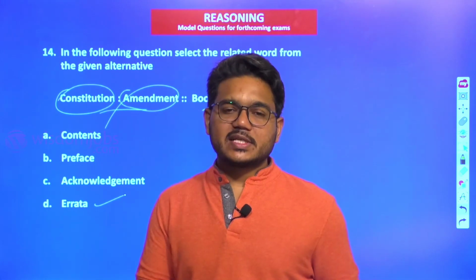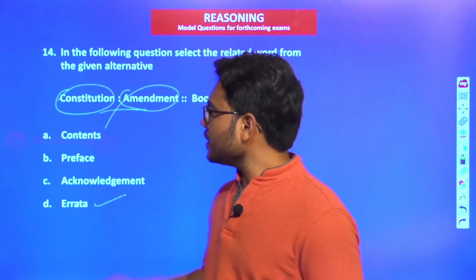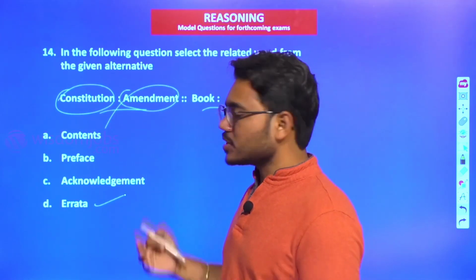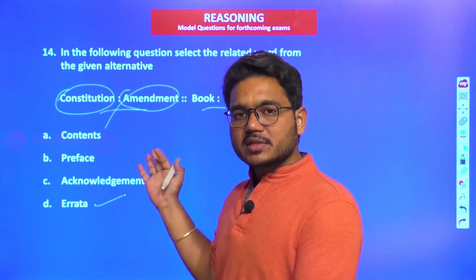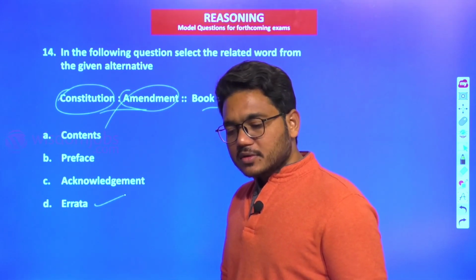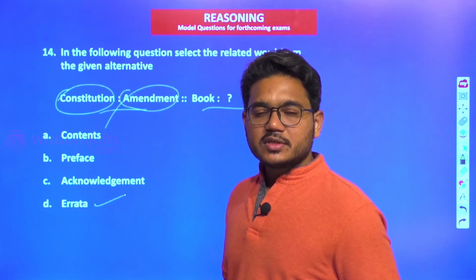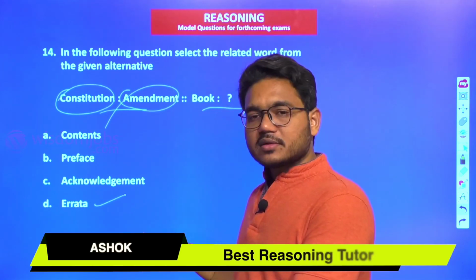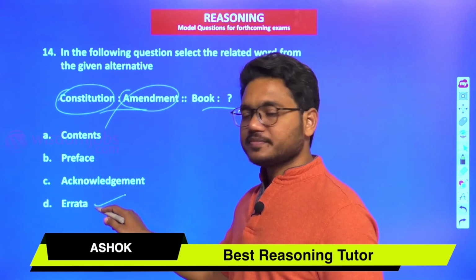If you know the exact relation here, whatever changes are made in the constitution are called amendments. We need to update this book, to represent those changes, and that list is provided by errata.